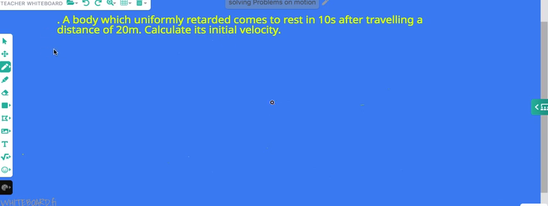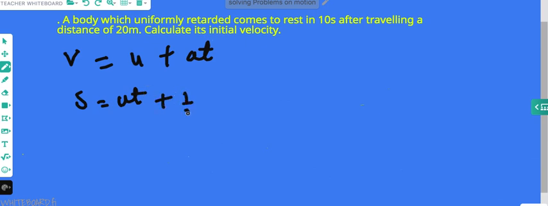The first one we have is v equals u plus at. Then the second one is s equals ut plus half at squared. The third one is v squared equals u squared plus 2as.